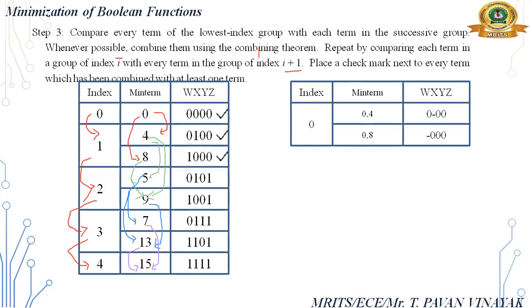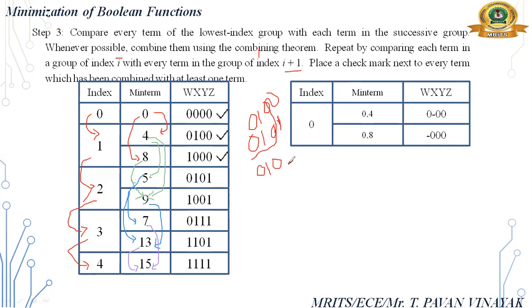Now you have to compare 4 and 5, right? 4 value is 0 1 0 0. 5 value is 0 1 0 1. First three terms are the same, the last one is different. So put 0 1 0 dash.